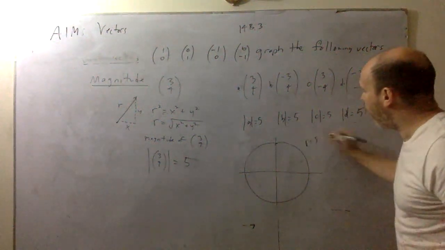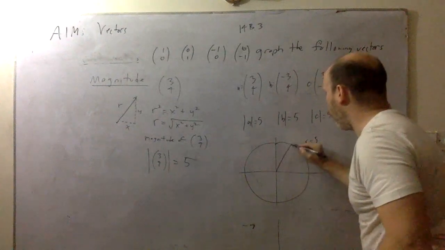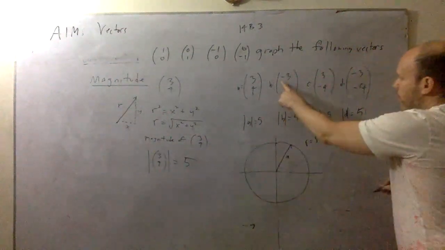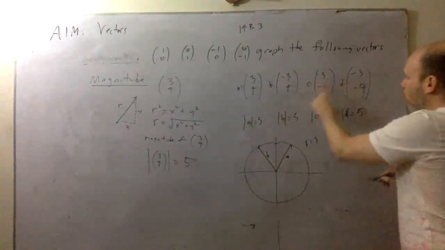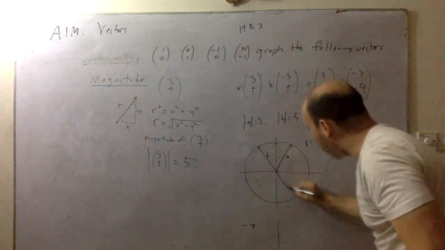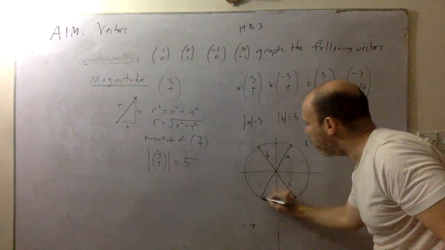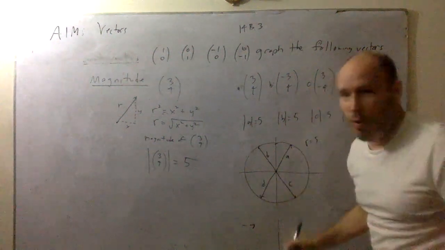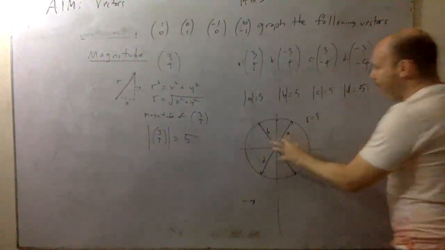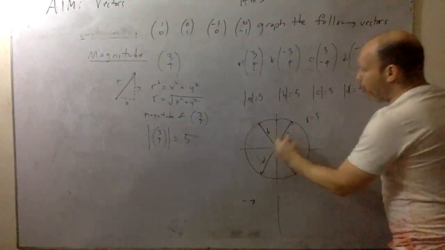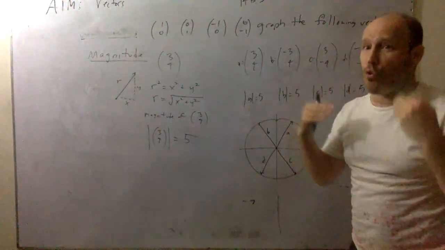Imagine the radius is 5, and these are all 3, 4 type vectors, including negative 3, negative 4. This idea is what we're moving towards. All of these have magnitude 5, but they're going in different directions, and that's what I want you to hold onto.